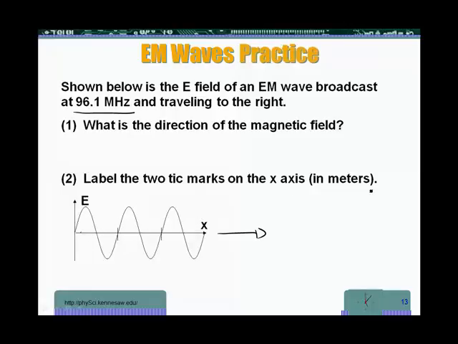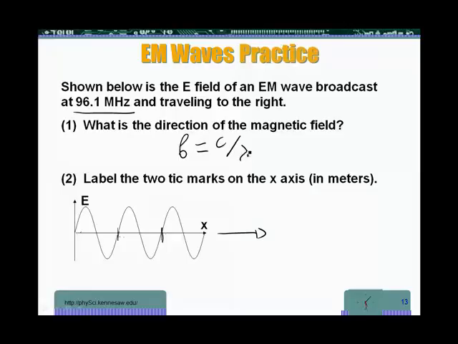Then the next question, label the two tick marks on the x-axis. So what are the tick marks? Here are the tick marks. So it's a wavelength. Okay, here from here to here we have a wavelength and another wavelength. We have the frequency. Frequency is C over lambda.